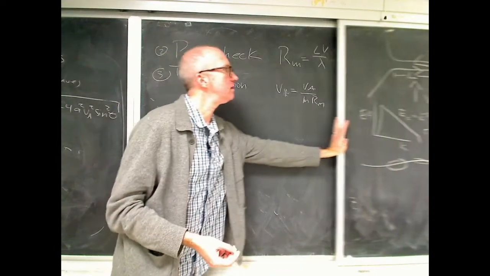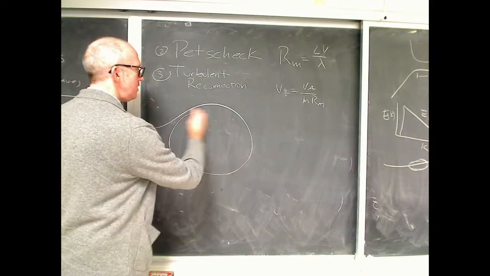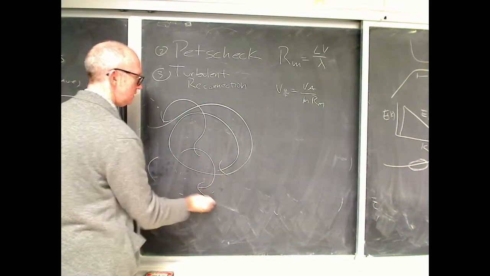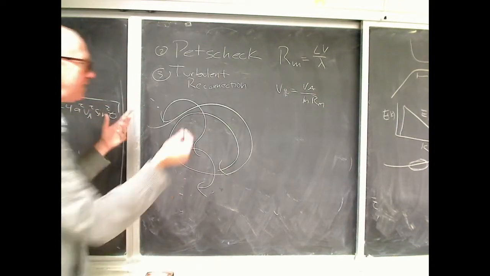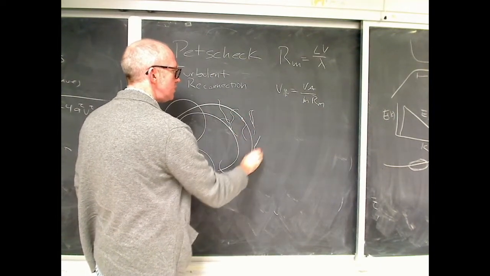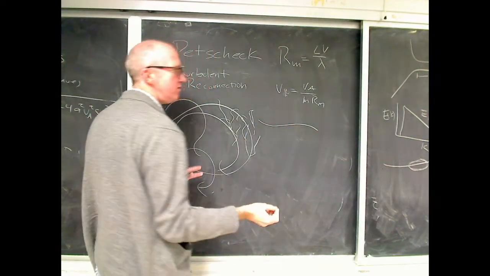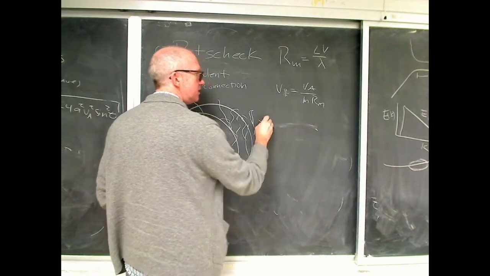So when I have some kind of large scale business, I have turbulence. But when I get to smaller and smaller scales, the turbulence has all of this small scale structure. We'll have some kind of local mean field, but on top of that is the turbulence.